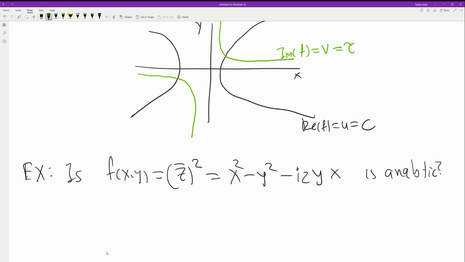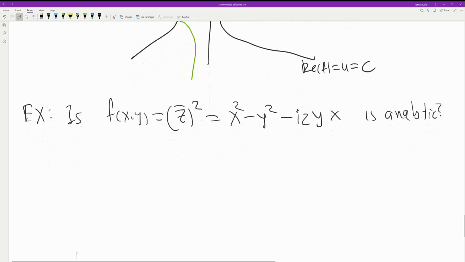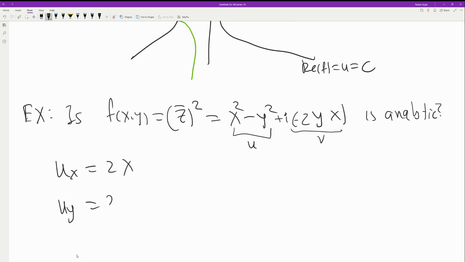Is it analytic? Okay, let's see. Well, first let's compute the Cauchy Riemann. So let me do this. This is plus i with a minus. Okay, so u of x is the same as above. And then v of x is minus 2y. v of y is minus 2x.